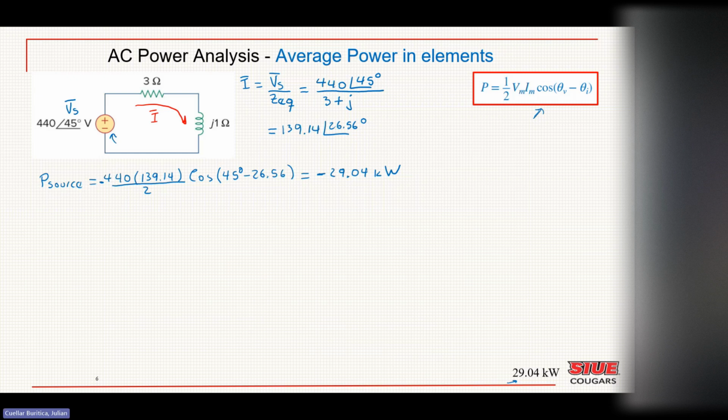Power is going to be equal to the absolute of VS times the I magnitude times the cosine of degree to rad 45 minus the angle of I, everything divided by 2.